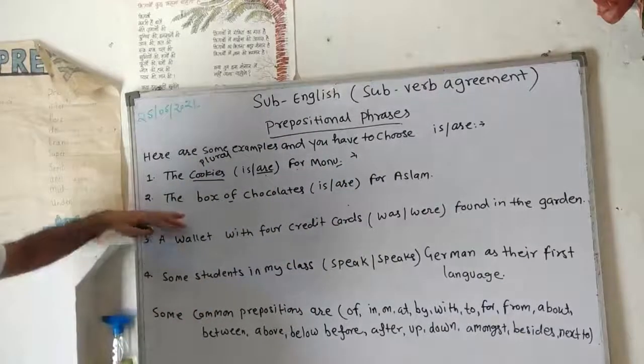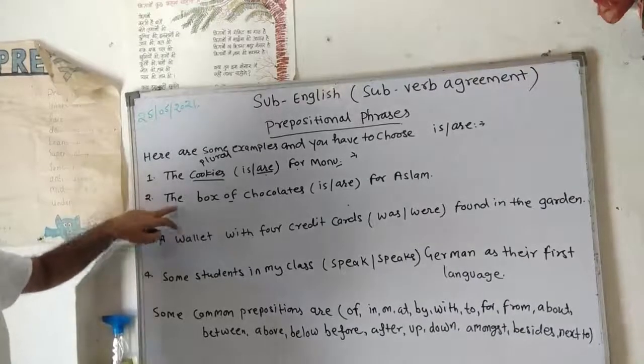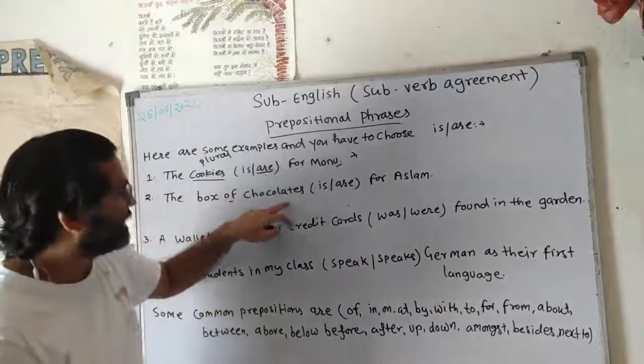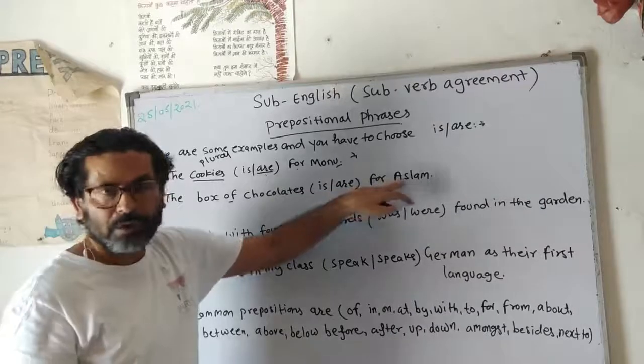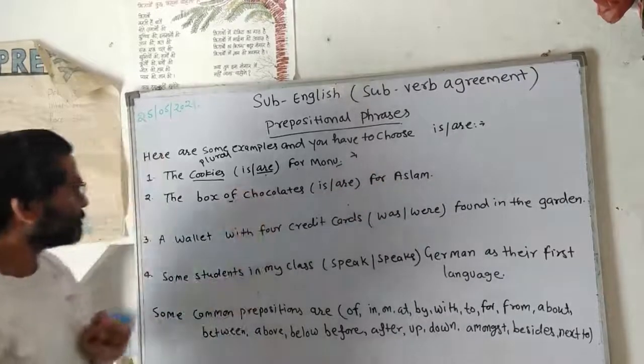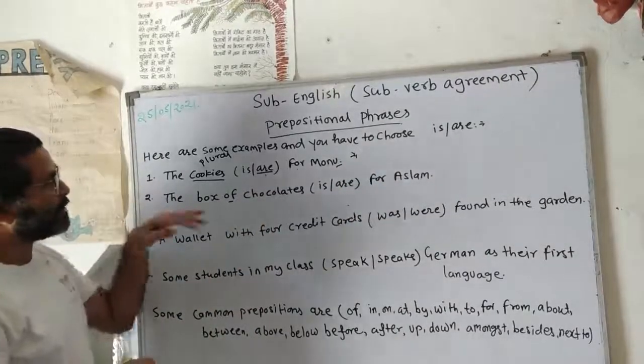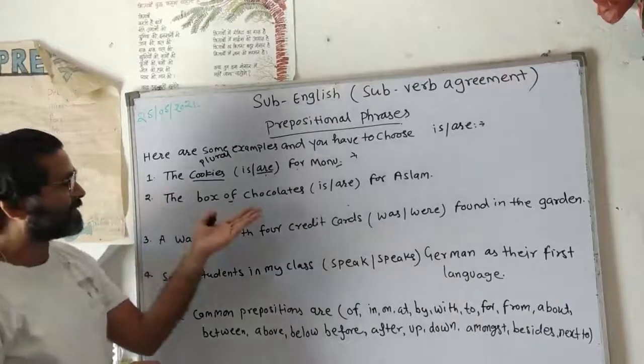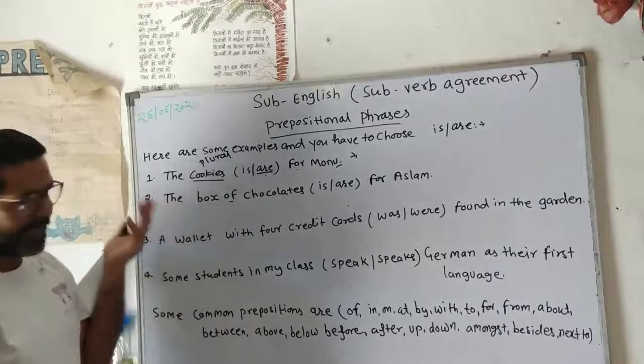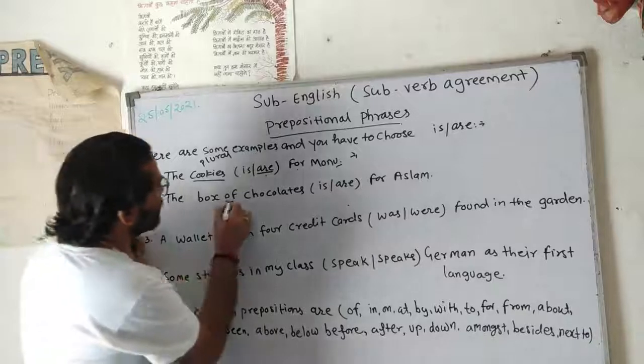Let's see the second sentence. The second sentence is: the box of chocolates is/are for Aslam. Can you see a preposition in this sentence? Yes, we can see a preposition.